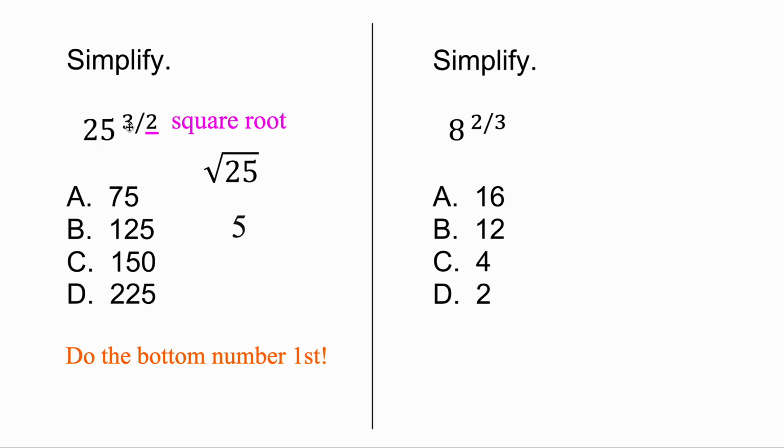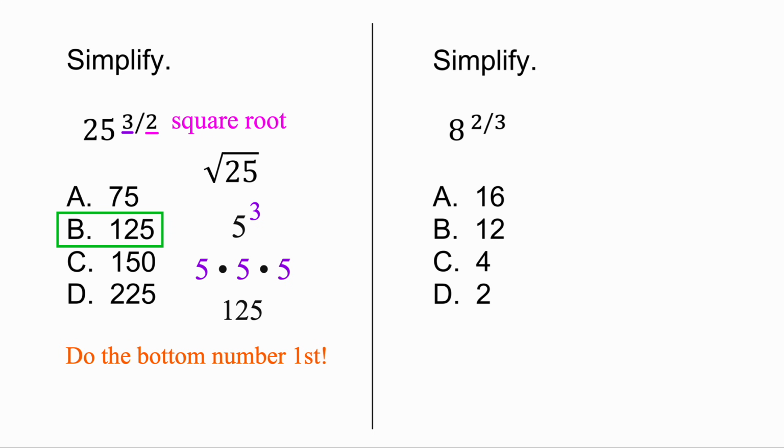Finally, we can go back to the other number, the power 3, and we'll put that as the regular power. So 5 to the 3, that's the same as 5 times 5 times 5. What'll this become? Well, 5 times 5 is 25, or a quarter, and we've got 5 quarters. That's $1.25 or 125 cents.